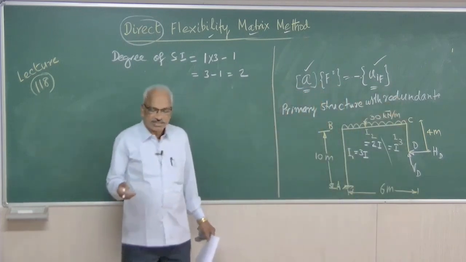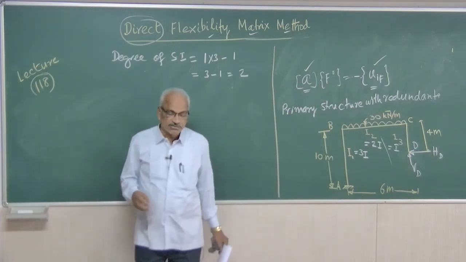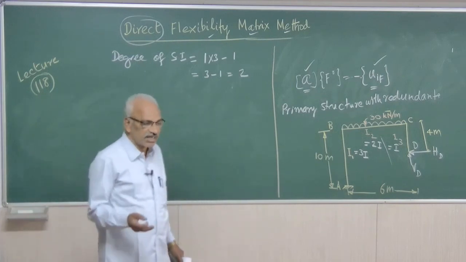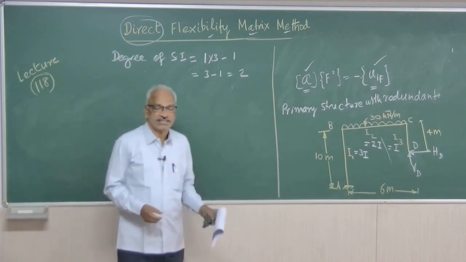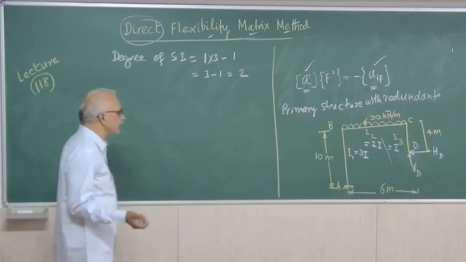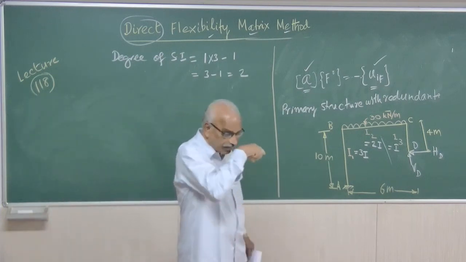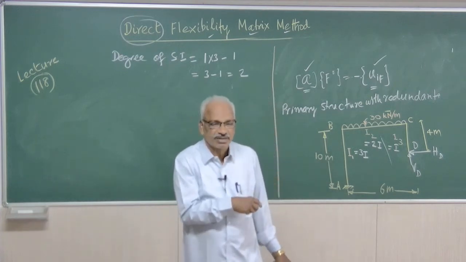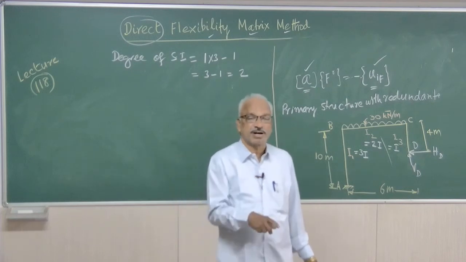For this, the tabulation method will be convenient, that is, use of the product integral chart will be easier, but it is avoided. Therefore, for the time being we will use another method. The conjugate beam method or moment area method will not be convenient for this, because the point about which we have to take the moment will be a problem.